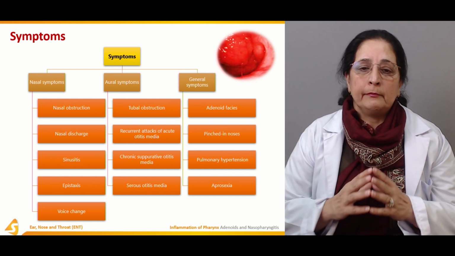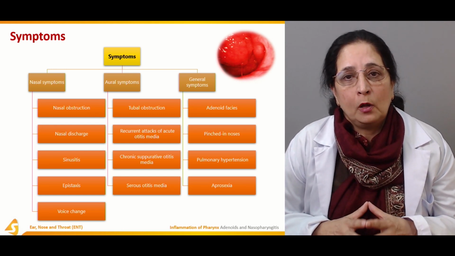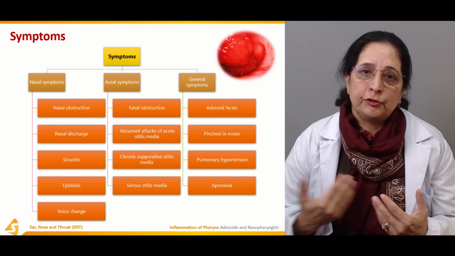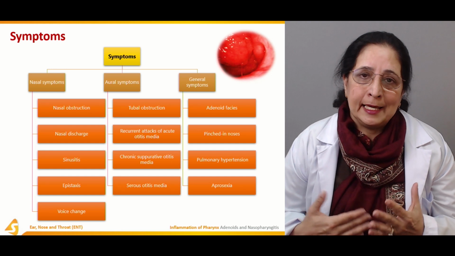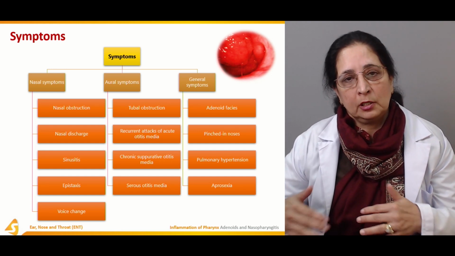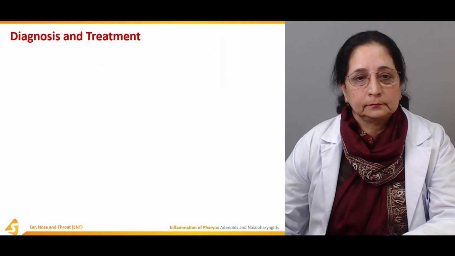So these are some very common symptoms associated with the involvement of the adenoids, and since all these structures are interrelated and very closely linked, involvement of one structure can lead to the involvement of the other.